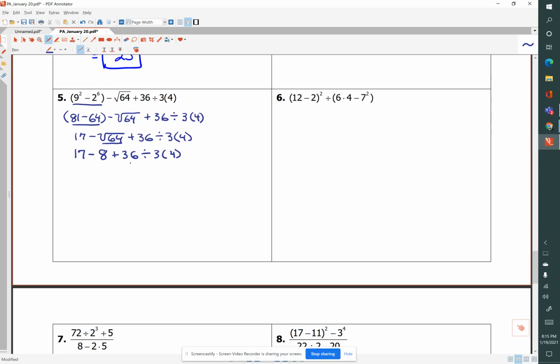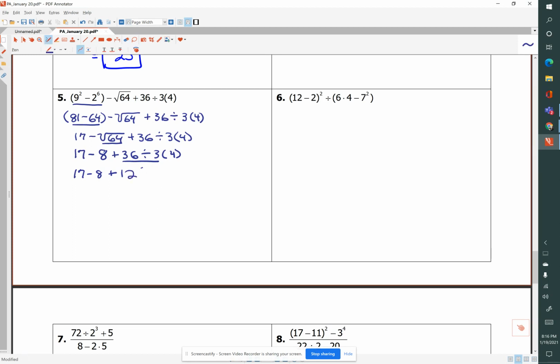Now, I think the next thing we'll do is we will divide 36 by 3. Remember, we're working left to right, so we're not going to multiply 3 times 4 yet. All multiplication and division before addition and subtraction. So 17 minus 8 plus 36 divided by 3 is 12. I didn't mean to write 13, I meant to write 12.